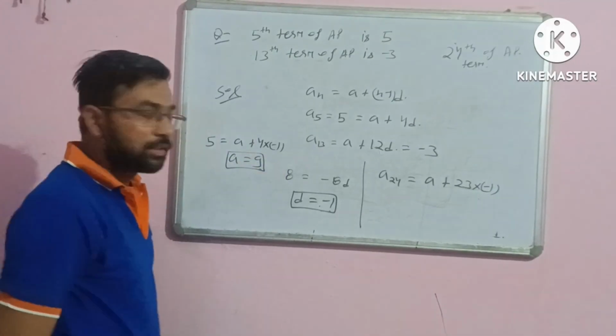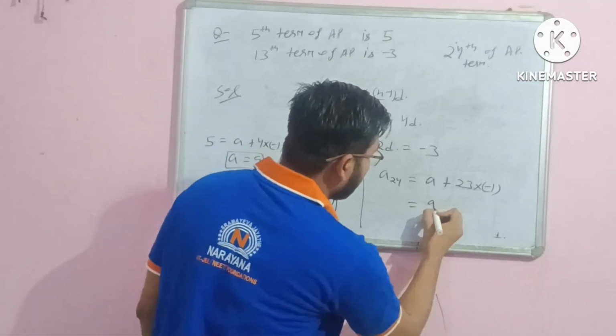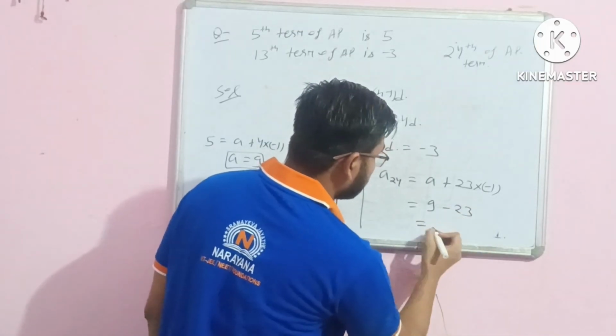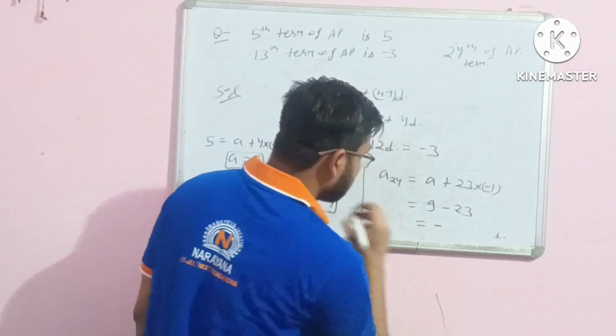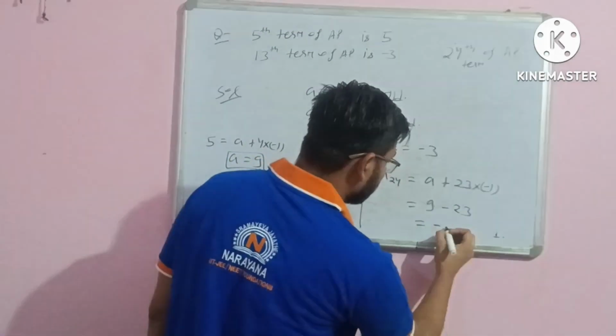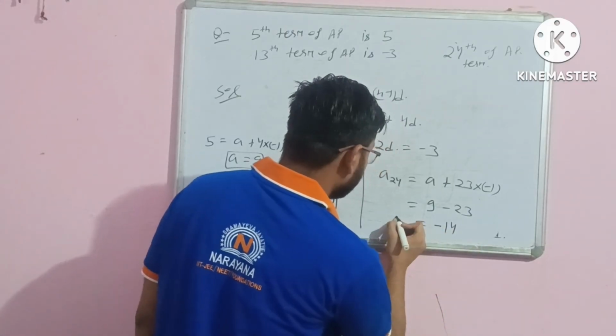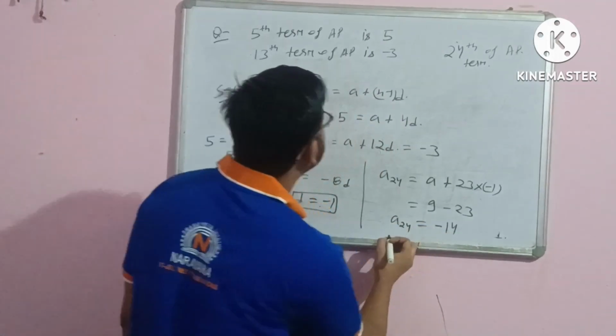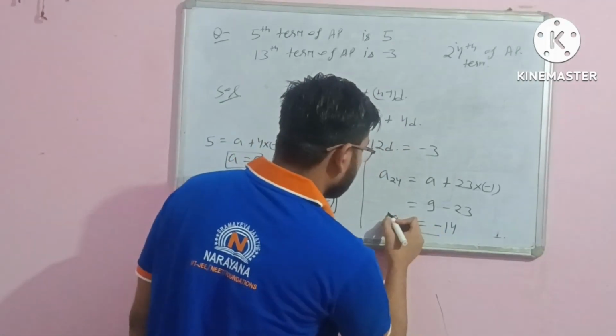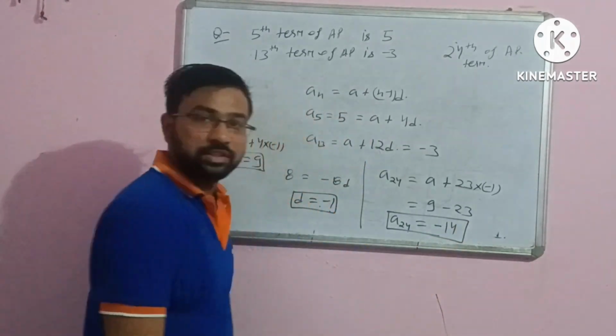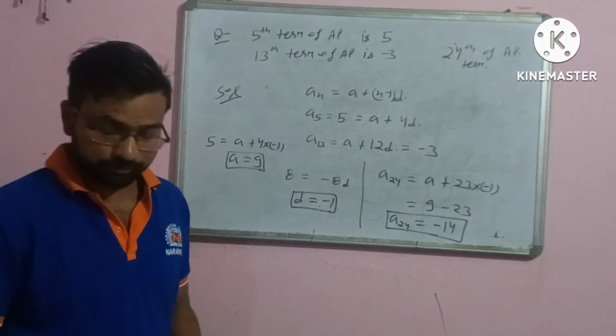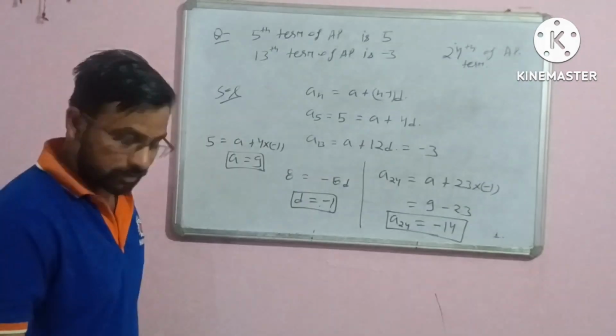So the first term will be 9. Then 9 minus 23 becomes equal to -14. So the 24th term of this AP is -14. So this is the answer of this question.